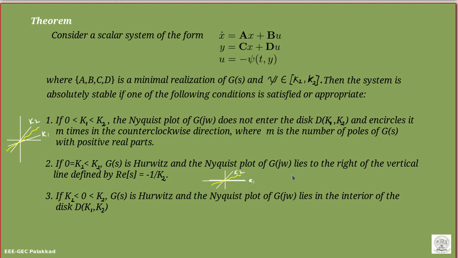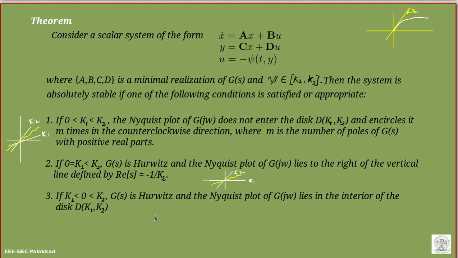For example, you can think about some saturation kind of nonlinearity like this. This kind of nonlinearity lies within K2 and the 0 line. So easily we can come to a conclusion for the G(jω) plot. For this kind of nonlinearity, it is quite easy.